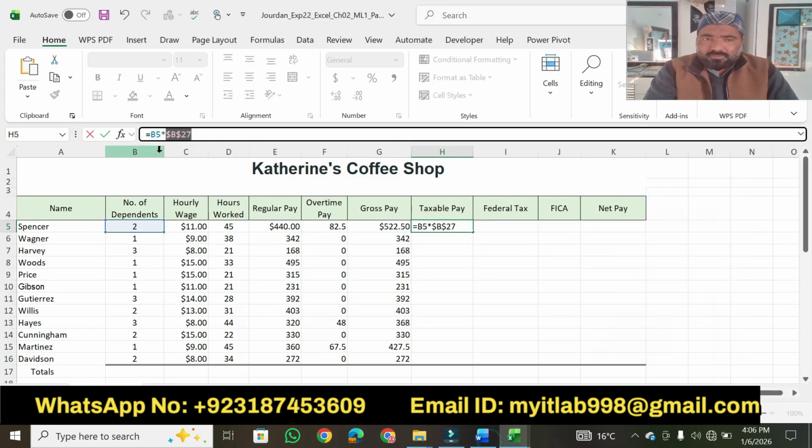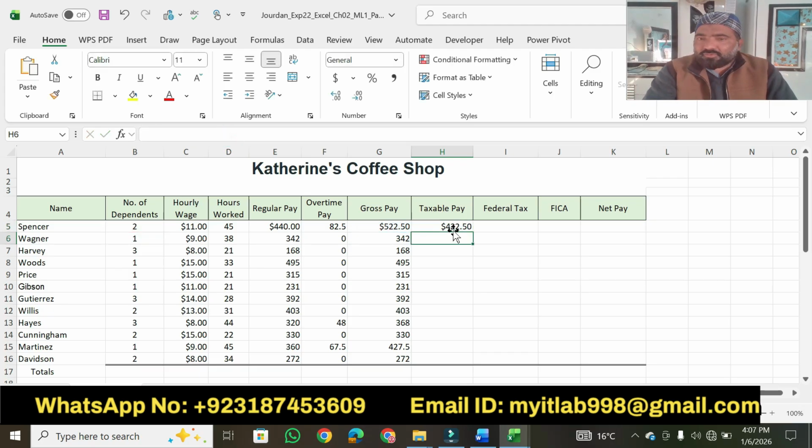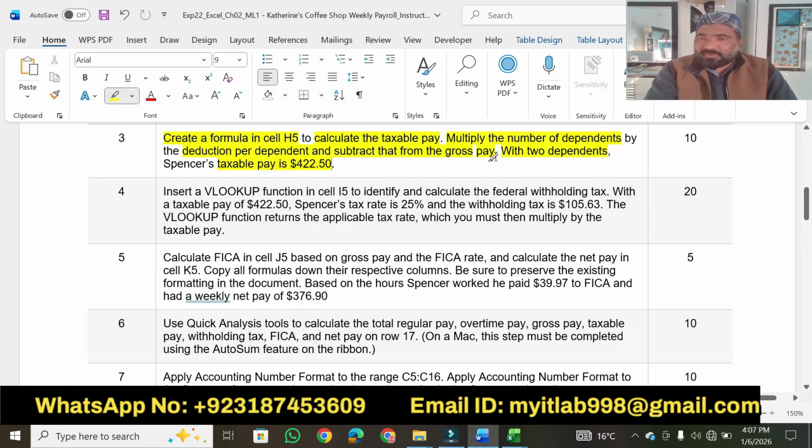Now we have to find that and subtract the answer from gross pay. So where is gross pay? This one is gross pay, minus. Okay, now simply press enter and we get the result. Now you may compare this result with this result, so the same. So we have earned 10 marks from there.